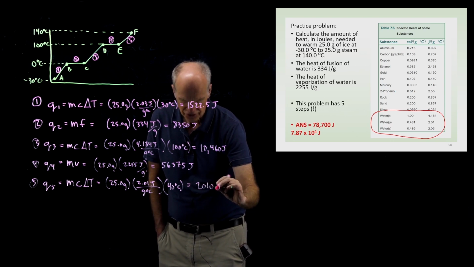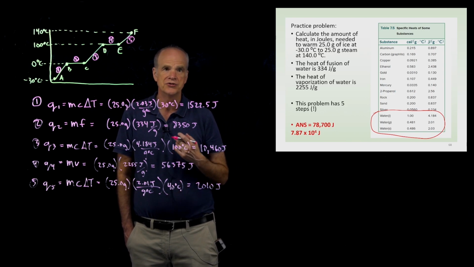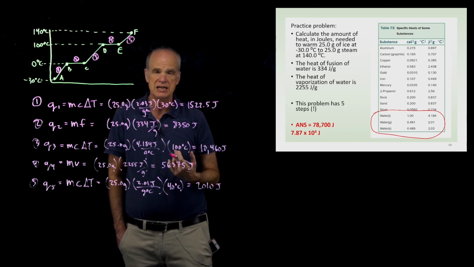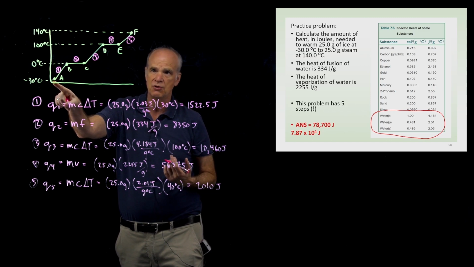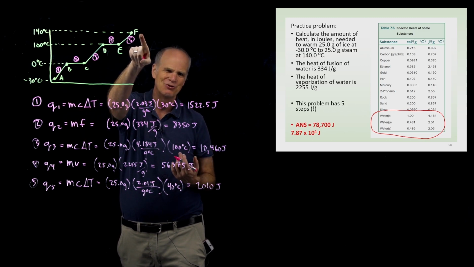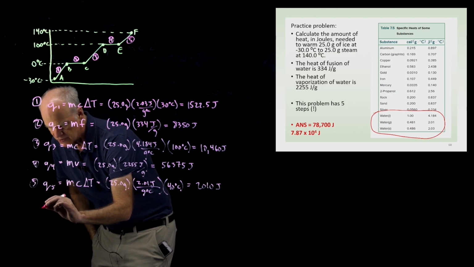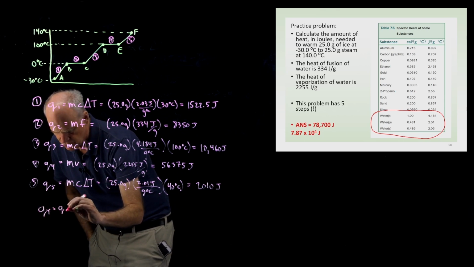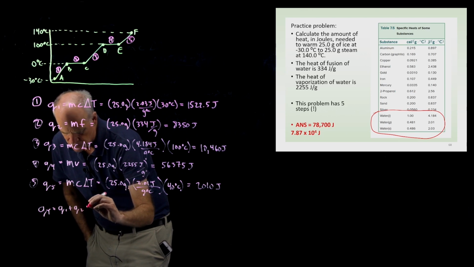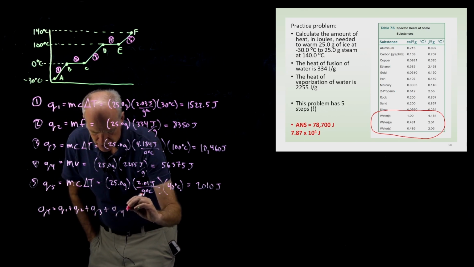So if you do that math, what I got was 2,010 joules. So what we really wanted to know was the total amount of heat in joules to take water from negative 30 degrees at point A all the way up to 140 degrees at point F. So what you really have to do is find the total. You have to add these energies together: 1 plus 2 plus 3 plus 4 plus 5.